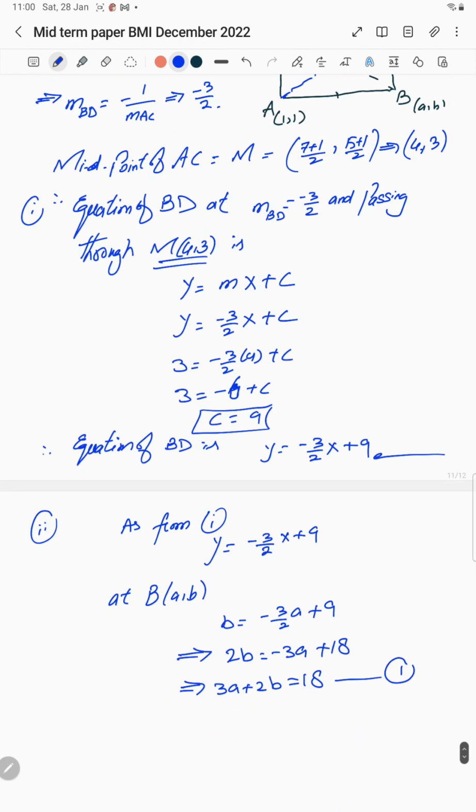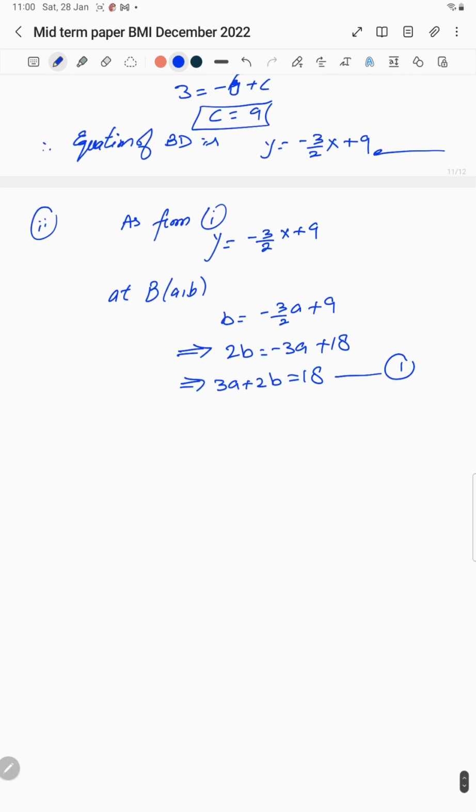So we'll find both gradients: the gradient of BC times the gradient of AB is equal to -1, because here it was C, B, and here it was A. So you can see this gradient and this gradient are perpendicular to each other.